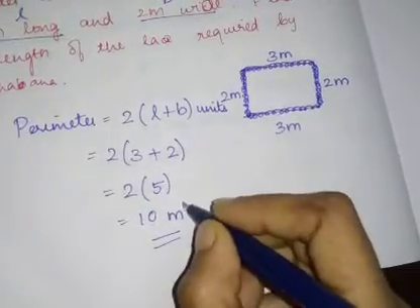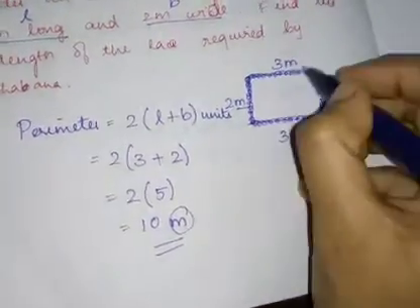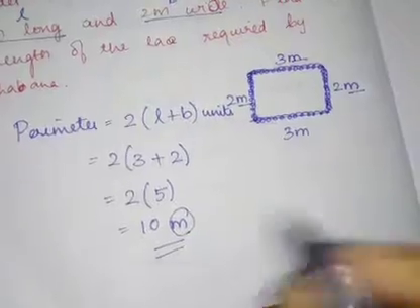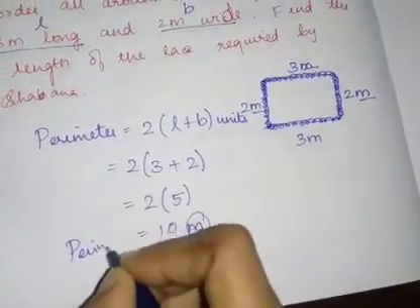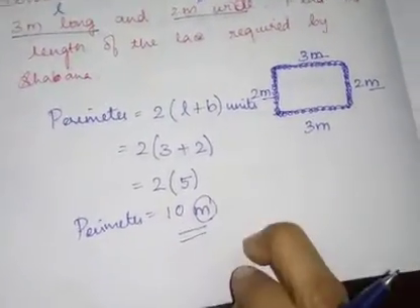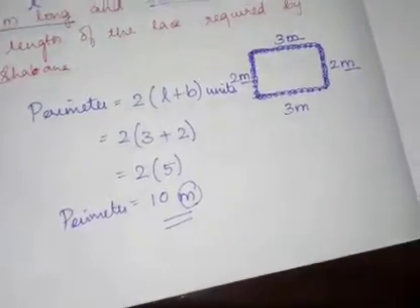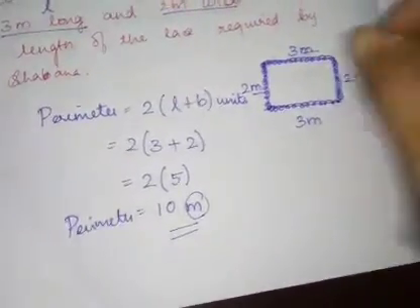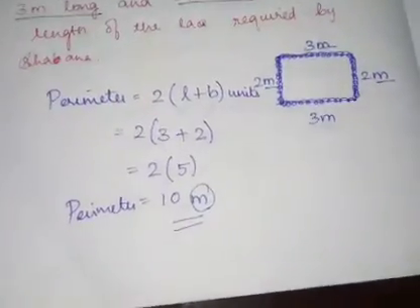The perimeter unit: if meter is given in the question, you should write meter. Listen children, what is the perimeter? 10 meter. So 10 meter of lace is required to put a boundary on that rectangular table.